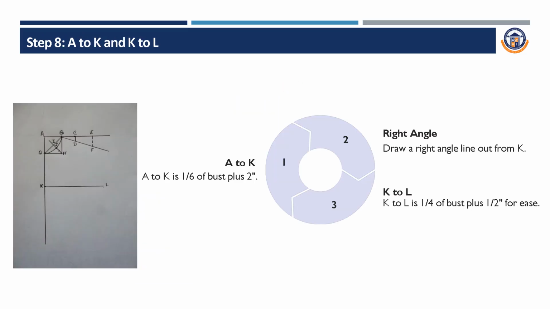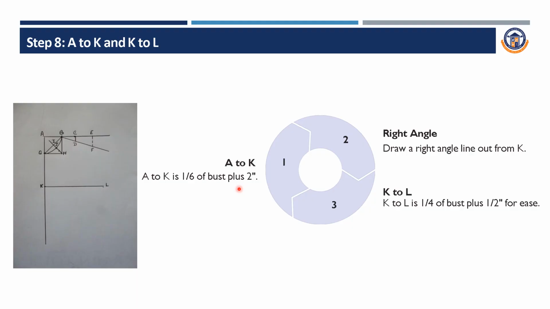Then the next step is waistline measurement. Measure A to K, 1/6 of the bust measurement plus 2 inches. You see here, from A, this is a point.